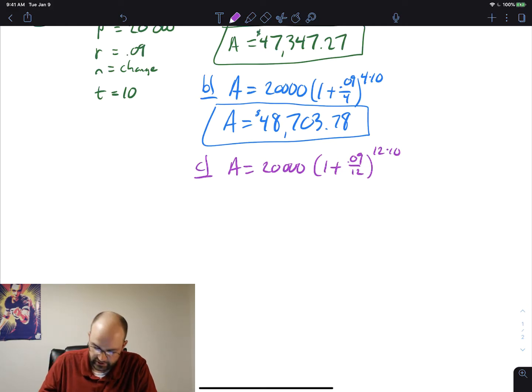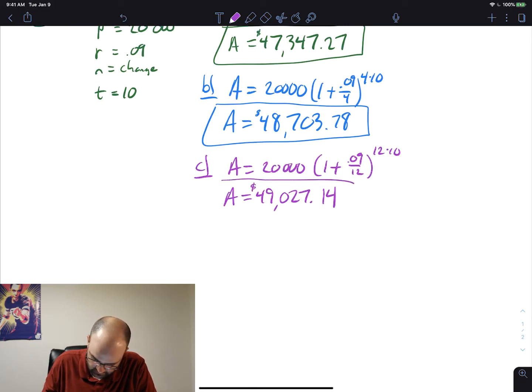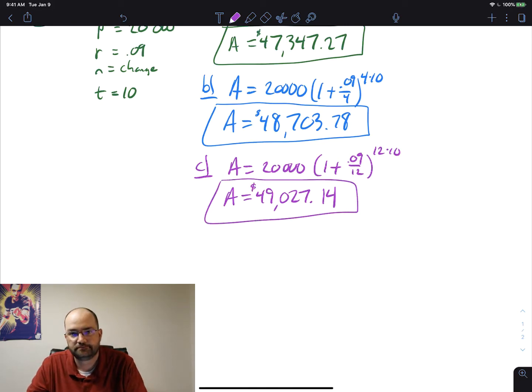And that'll give you $47,027.14. Notice that each time we're actually increasing the amount of money that we get. In fact, it's somewhat significant. I mean, that's $2,000 difference. Well, $1,700, but close enough.